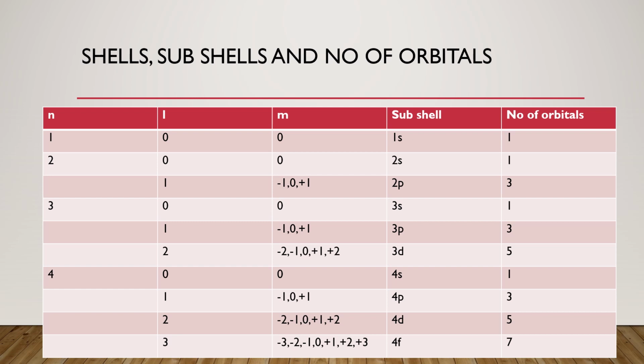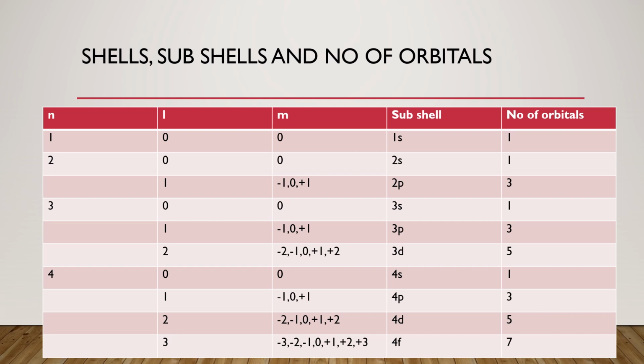Table showing shells, subshells and number of orbitals. Observe this table, children. Main shell n equals 1. l value for n equals 1 is 0. m value also 0. Number of subshells is 1s with l equals 0. Number of orbitals also 1. For n equals 2, there exist two l values 0 and 1.